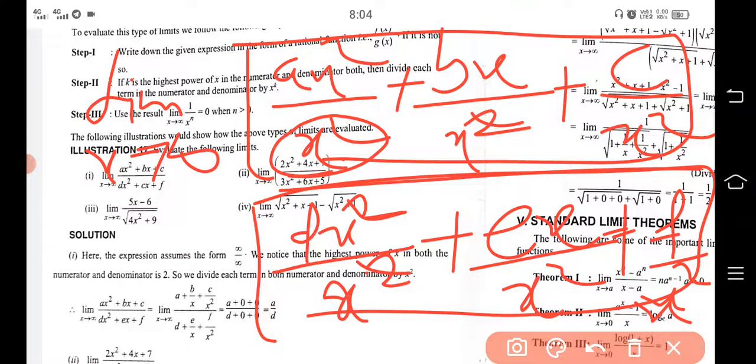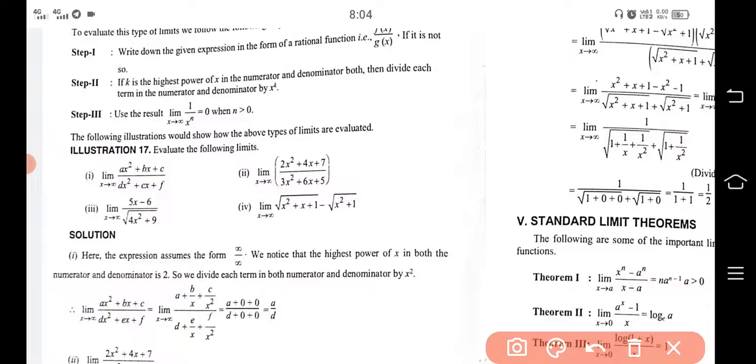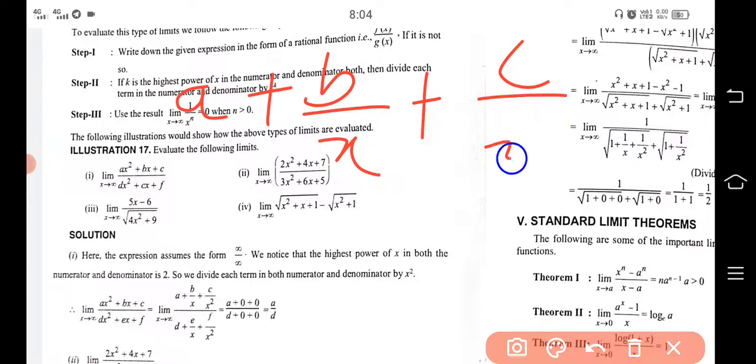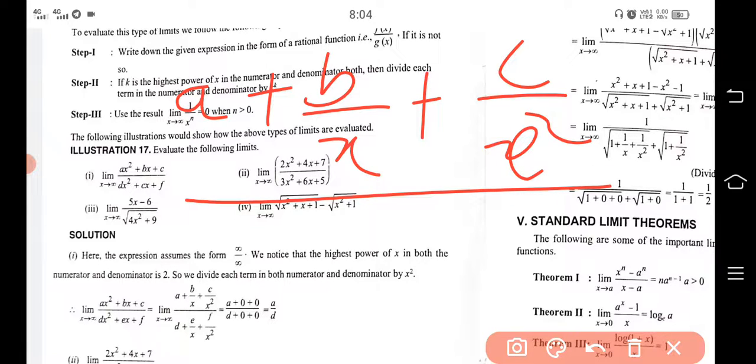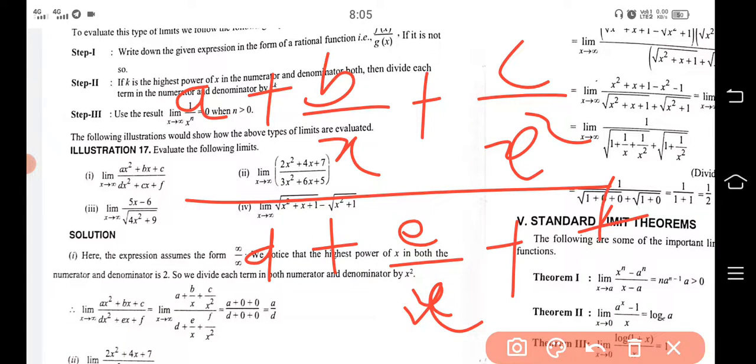Next step, what will happen? If you divide, this x square cancels out, this x square cancels out. Then we get a plus b divided by x, because the x square term is there and b is multiplied, plus c divided by x square, which is divided by d plus e divided by x plus f divided by x square.